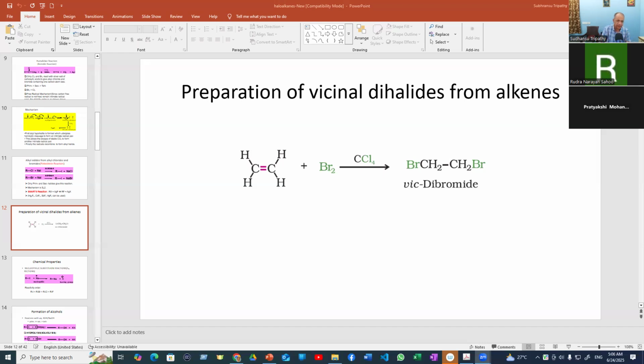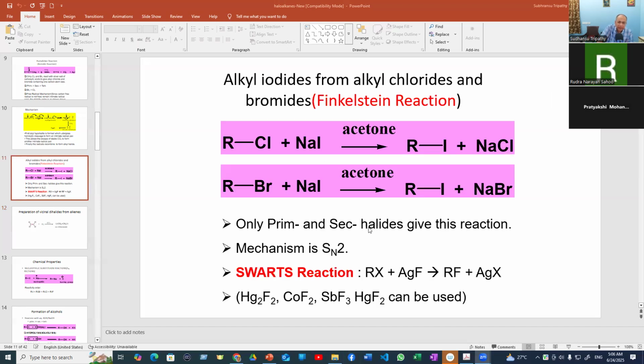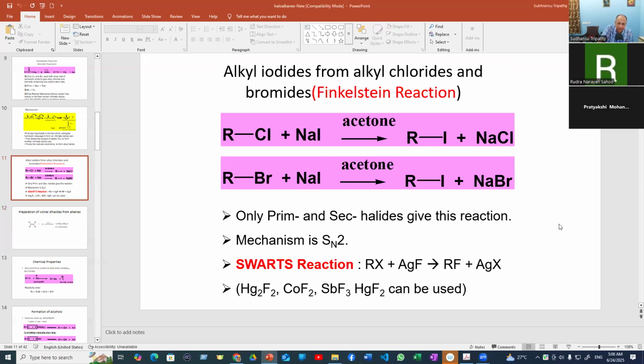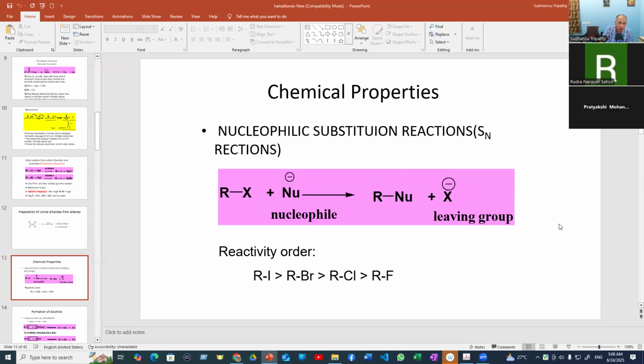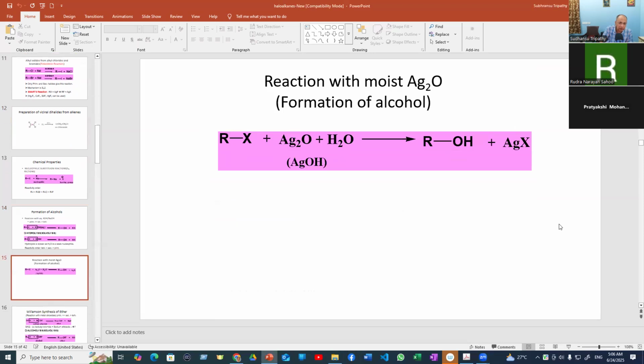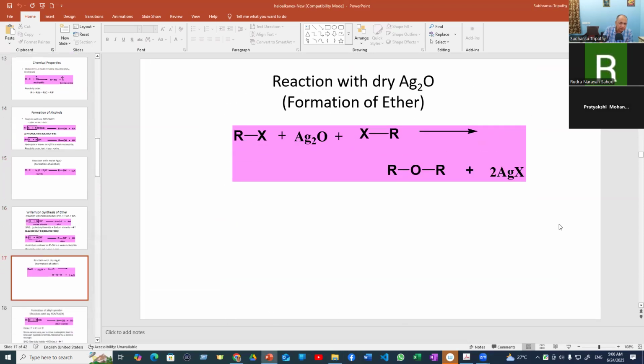Let's take several examples. Today, we shall be doing the remaining part of these things. We have also analyzed elimination versus substitution.